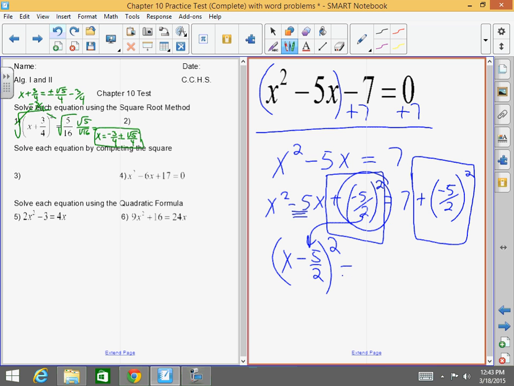That equals, now we have to do some math, guys. 7 plus 25 fourths. Because a negative 5 says a negative 5 is a positive. So this goes to 4. This goes to 28. So this is 53 fourths. Does everyone see that?